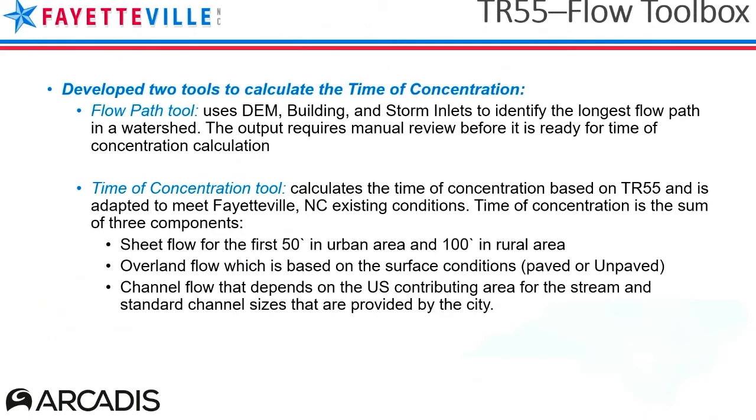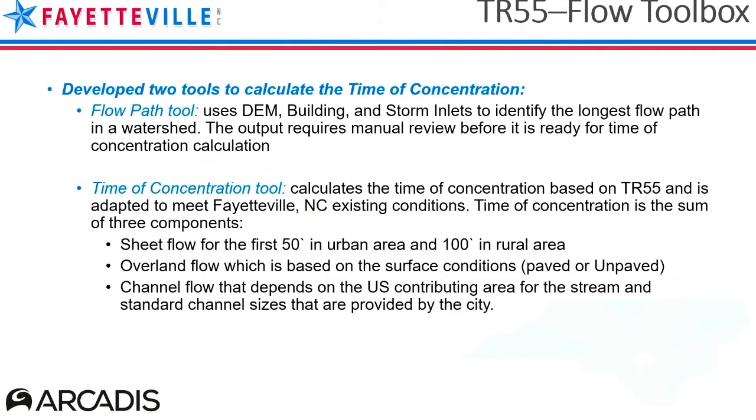The flow path tool uses the DEM, building layer, and storm inlets to identify the longest possible flow path within a subcatchment. The output from the tools requires manual review before it is ready for time of concentration calculations. The time of concentration tool calculates the time of concentration based on TR55 and is adapted to meet the city's existing conditions.